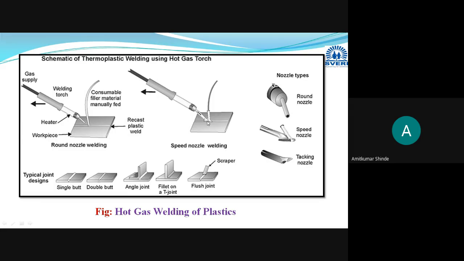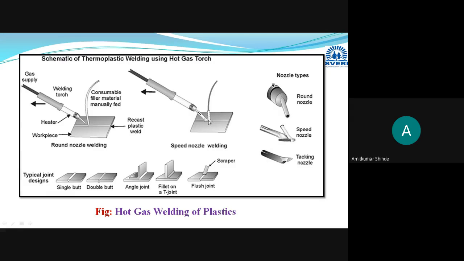You can see clearly, this is the nozzle through which hot gases will enter, and these hot gases will provide the heat to the surface, and they will melt or soften it. Simultaneously, a filler material or welding rod of the same or similar composition as the parent material will be taken as the filler material.